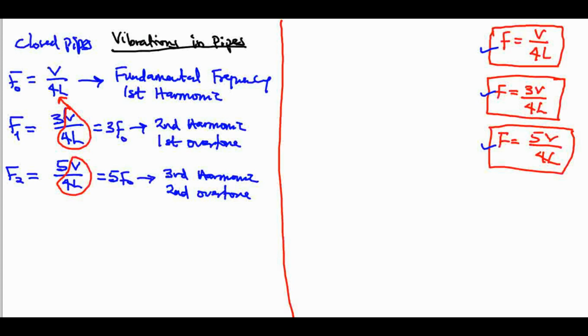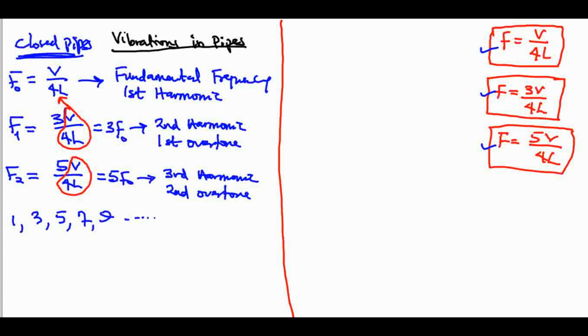Okay, what do we notice? It's as though for closed pipes, subsequent configurations of the vibrations are odd number multiples of the fundamental frequencies. Odd number multiples. So for the odd numbers, we have 1, we have 3, we have 5, we have 7, we have 9, and that.